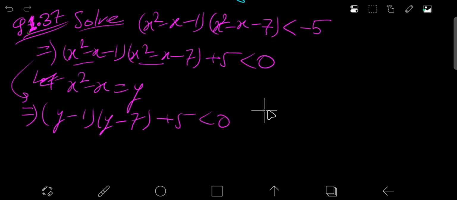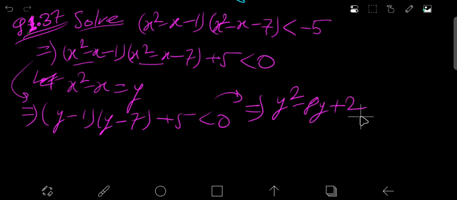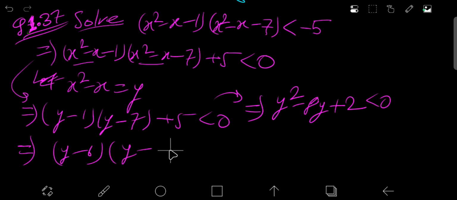From here, multiplying this out, this gives y square minus 8y plus 12 is less than 0. When we factorize this one, we get y minus 6 and y minus 2 less than 0.